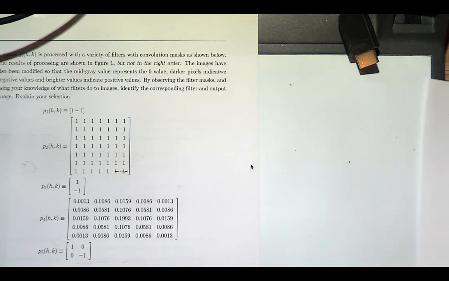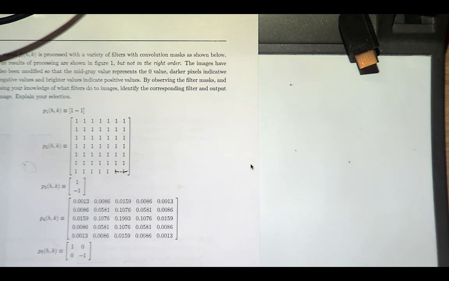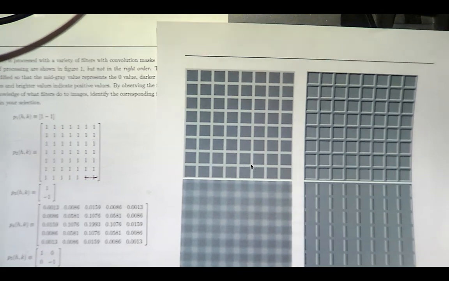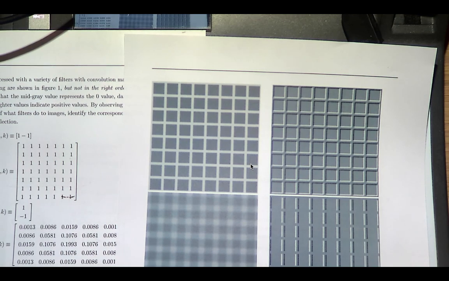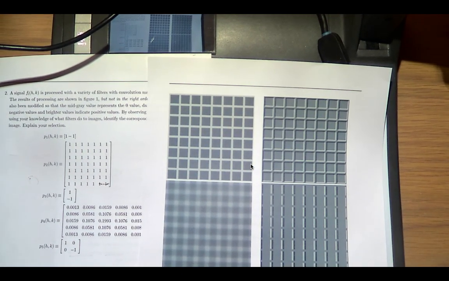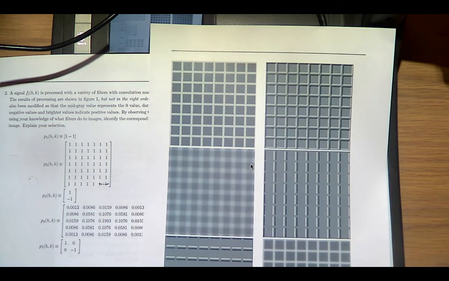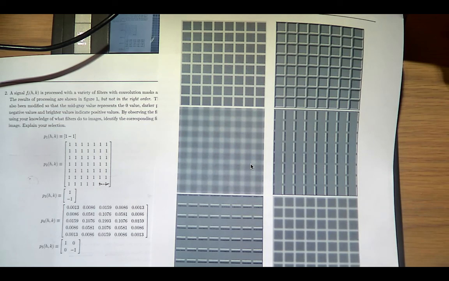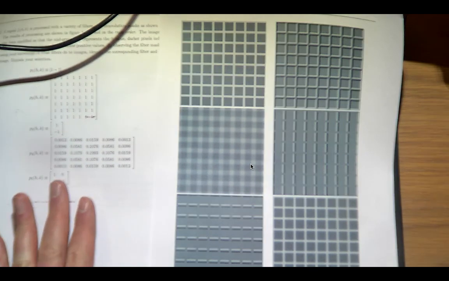All right. So I'm looking at what am I doing here? Right. So I have now this image.